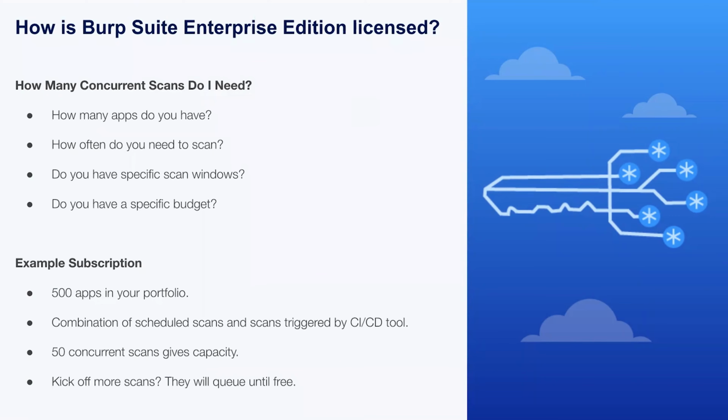So more realistically, you may be hitting 50 apps per day, and that'll be from a combination of scheduled scans and scans triggered by your CI/CD pipeline of choice. Assuming your scan times fit into a working day, you'd only need to purchase 50 concurrent scans. And if you kicked off more scans than you had available, they would just be queued until free.